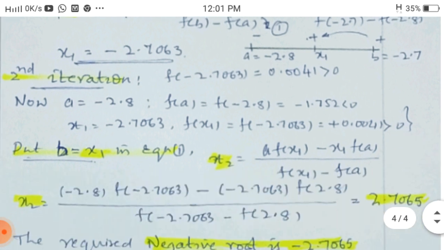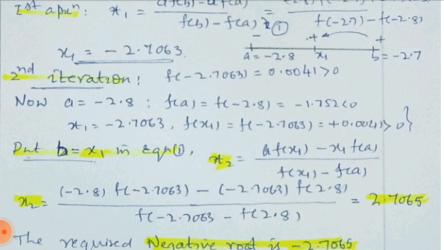Put b is equal to x1 in equation 1. We get a into f of x1 minus x1 into f of a, divided by f of x1 minus f of a. Substitute the values for a and x1.